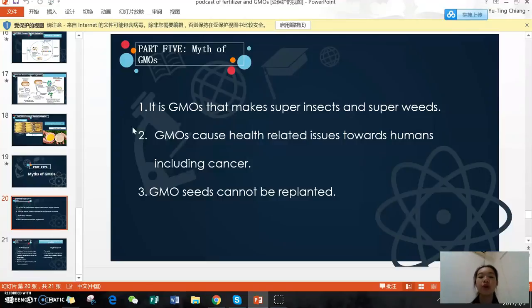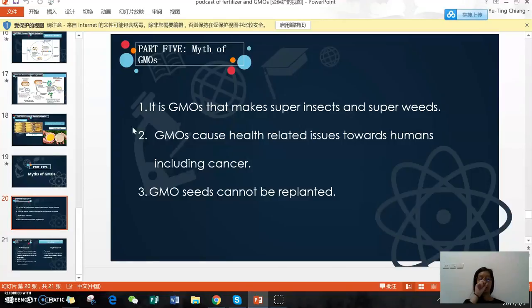Okay, now we'll move on to the third myth. So the third myth is that GMO seeds cannot be replanted. Lots of people think that it cannot be replanted because it has already been through genetic engineering, and they think it needs to be genetically engineered again in order to be replanted as a seed.